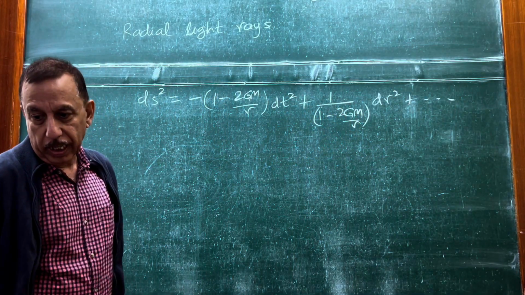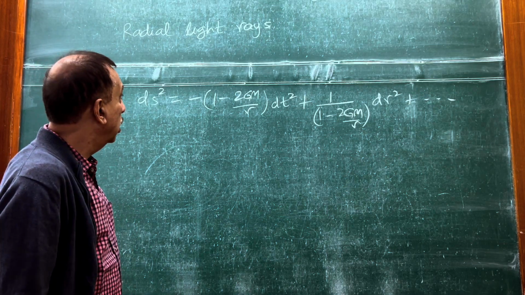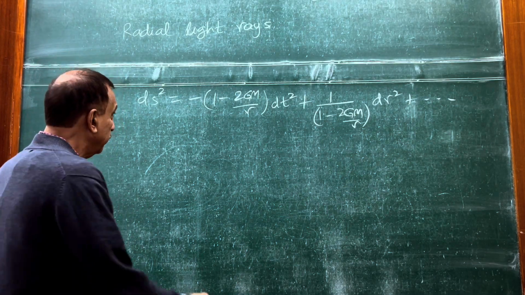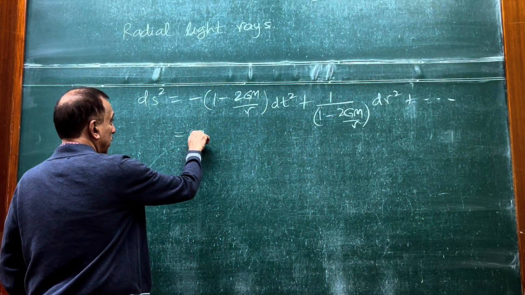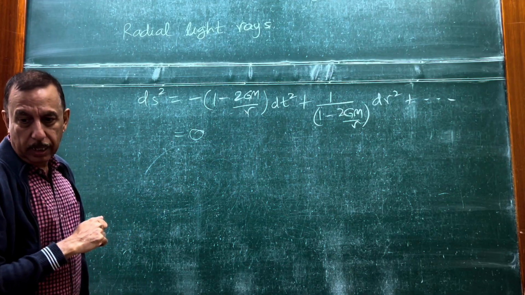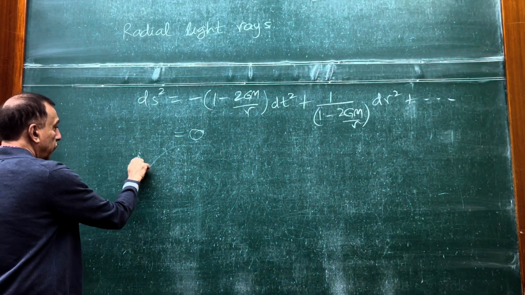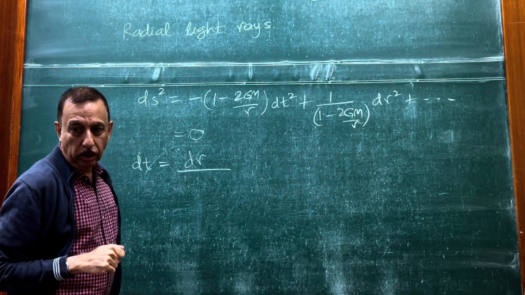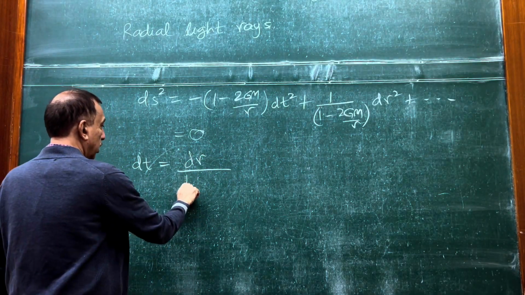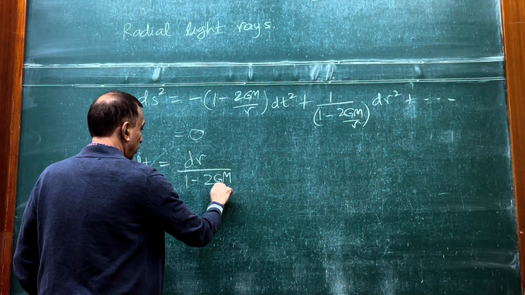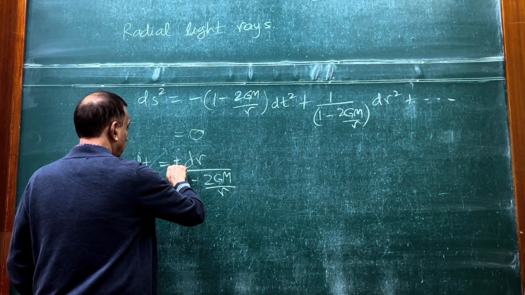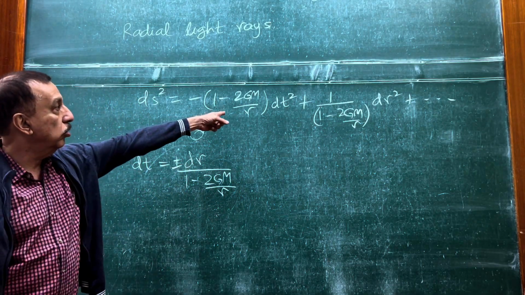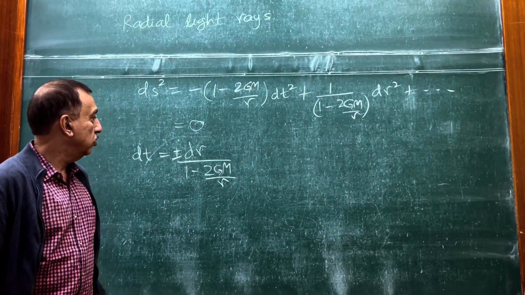Now if I set this to 0, that will give me the null case, and if I solve this, I'll find that dt is equal to dr upon 1 minus 2GM by r, but there's a plus or minus because I'm taking a square root.